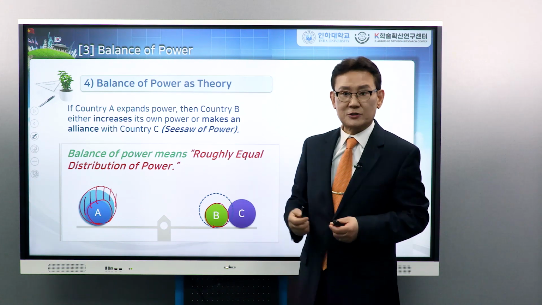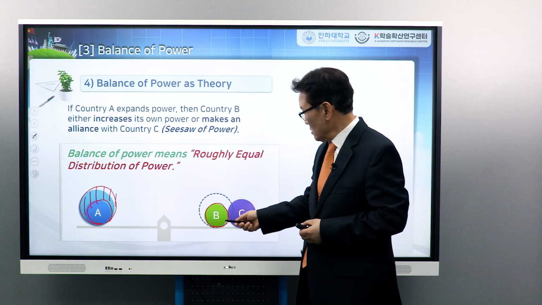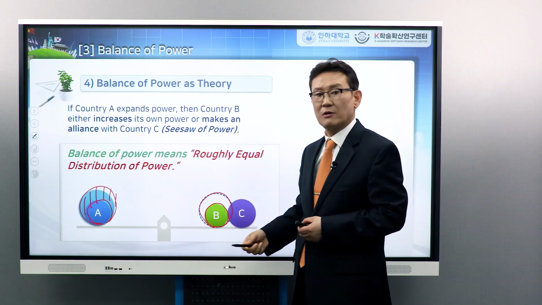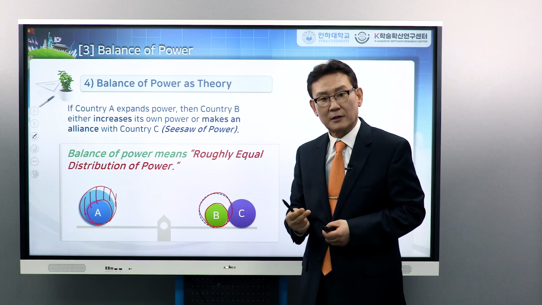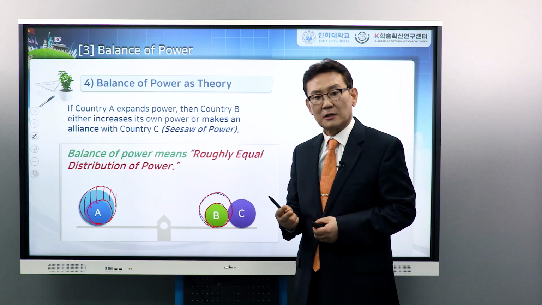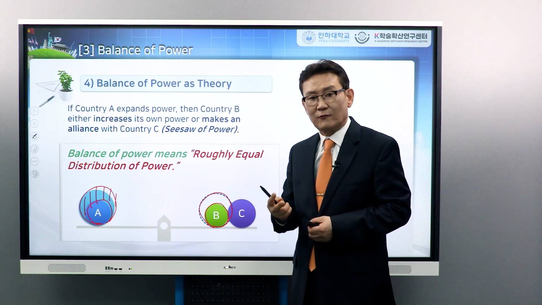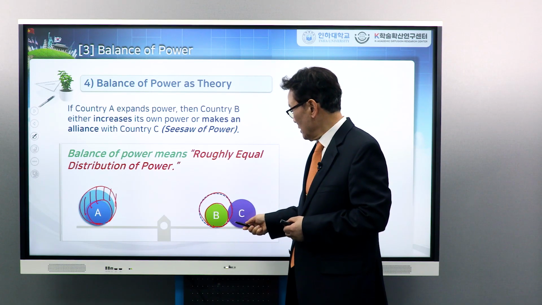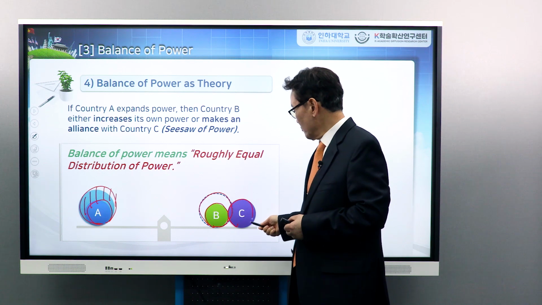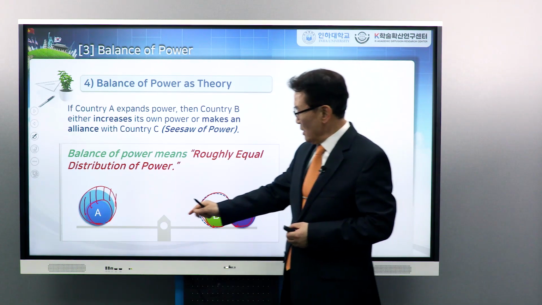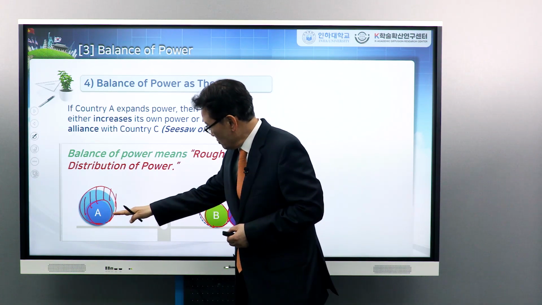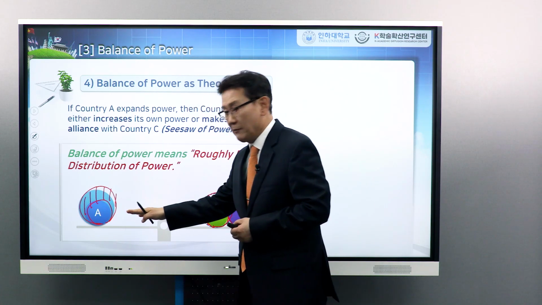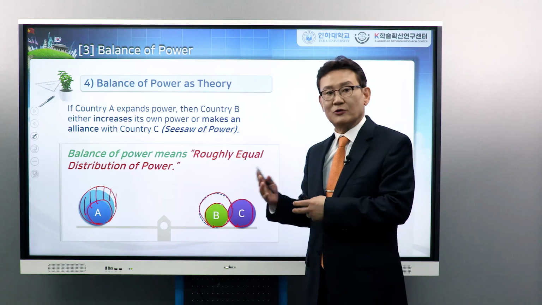It has two options. First, it increases its own capability, but that takes money. If B cannot afford to increase its capability, then B makes an alliance with country C. And the weight of the seesaw goes down like this, and later it goes like this. It makes a balance of power, or equilibrium.